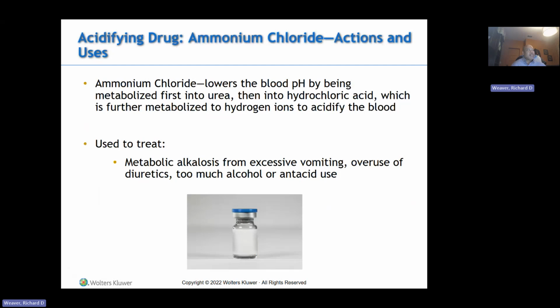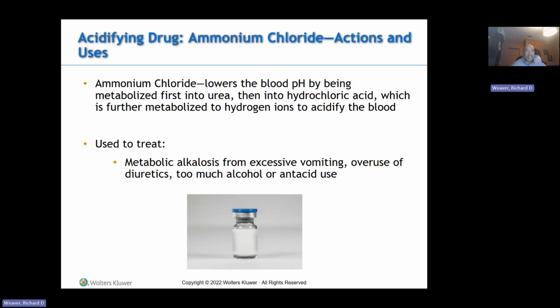Because remember, these patients are more alkalotic, so their blood is more alkaline based. And so what you're trying to do is create more hydrogen ions in order to push them back the other direction. You're not trying to make them acidic.